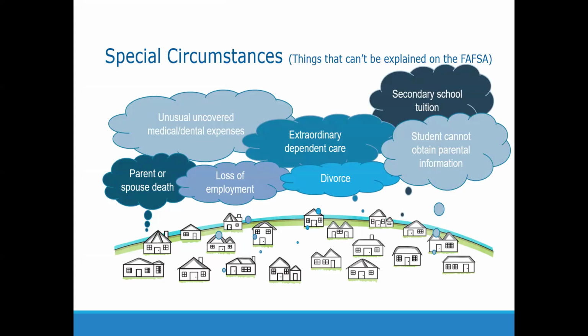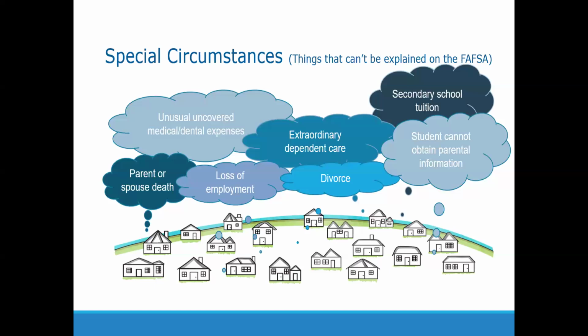So there are students that have things in their household that can't be explained on the FAFSA. So when you complete the FAFSA, you're going to complete it just as it asks, using information for 2024 and based on the information that you have. But there could be things happening in your family that can't be explained on the FAFSA, but make a big difference to you on how your student is going to continue with school, or how to pay for school.